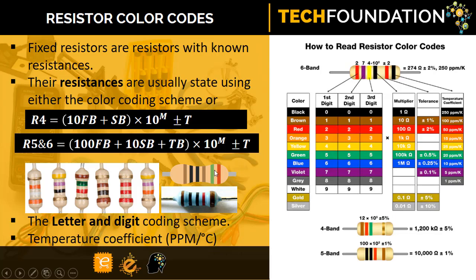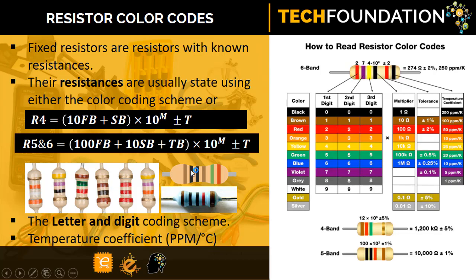Okay, and the last band, which is the 6th band, is orange, and orange is 15 ppm per Kelvin. Okay, so this resistor here is a 1 kilo ohm resistor with a tolerance of 0.5%. Equivalently, on the 4-band resistor scheme, that is going to be brown, black, red.